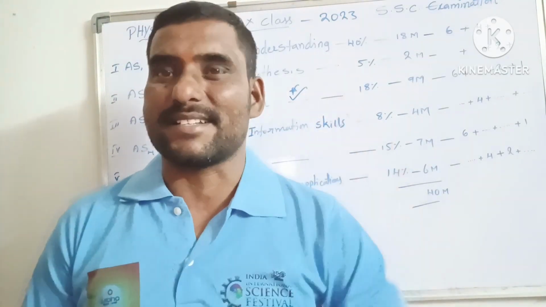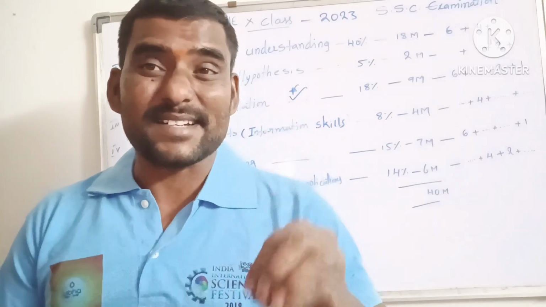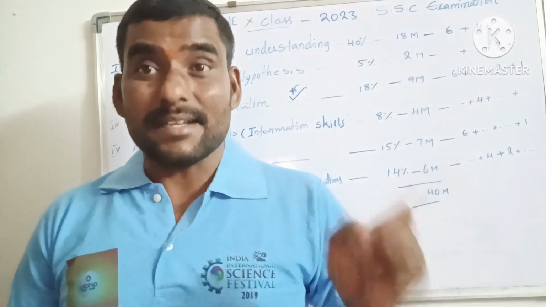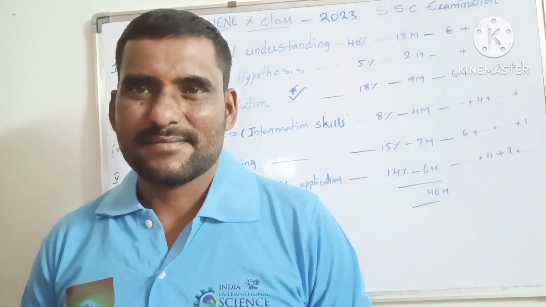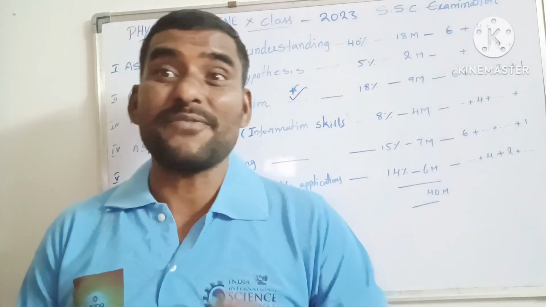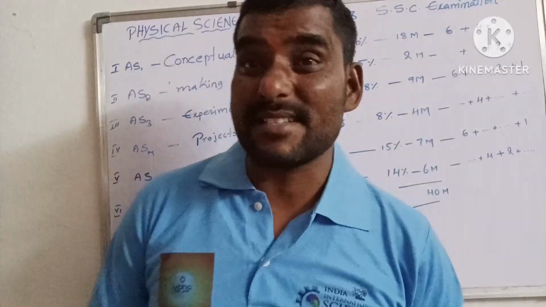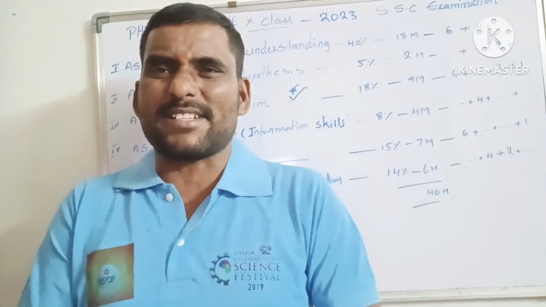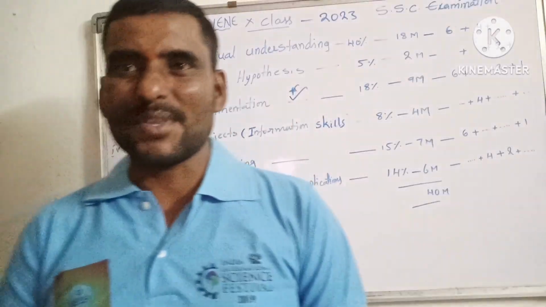The main question is from electricity: verification of Ohm's law, and resistance factors, nature, length, area of cross section, temperature. Next, lenses and mirrors, focal length, along with types of images formed by lenses or mirrors. And next, acids and bases, you may get an experiment. These are the main experiments. From this, you can get the question 100%, you can get the 9 marks, if you go through these experiments properly.